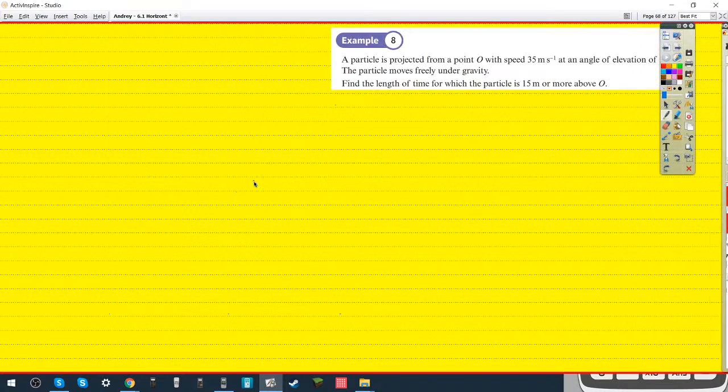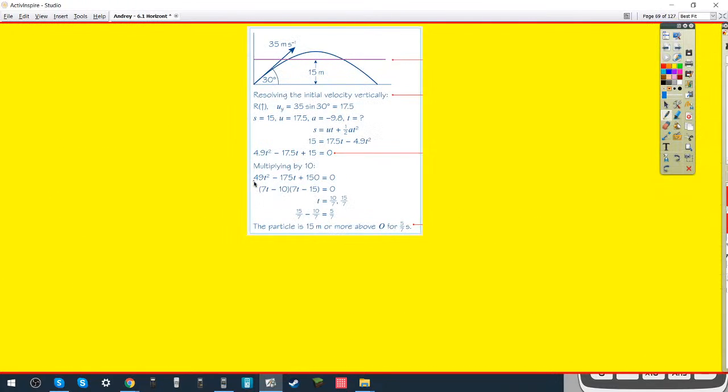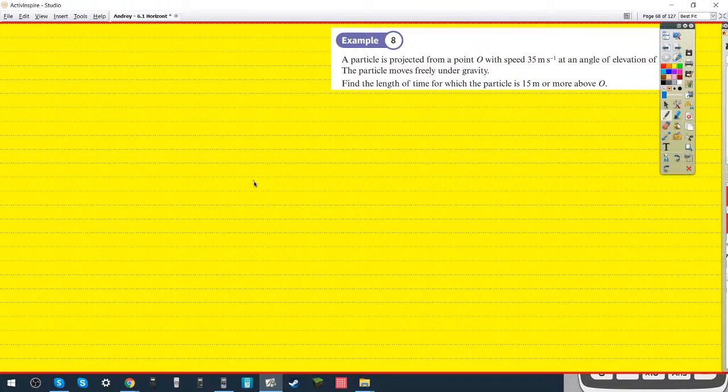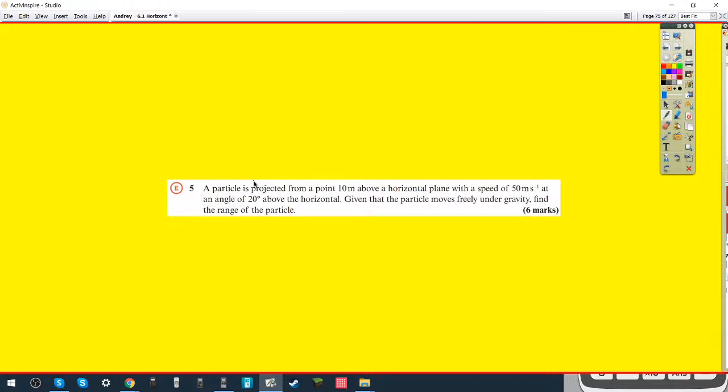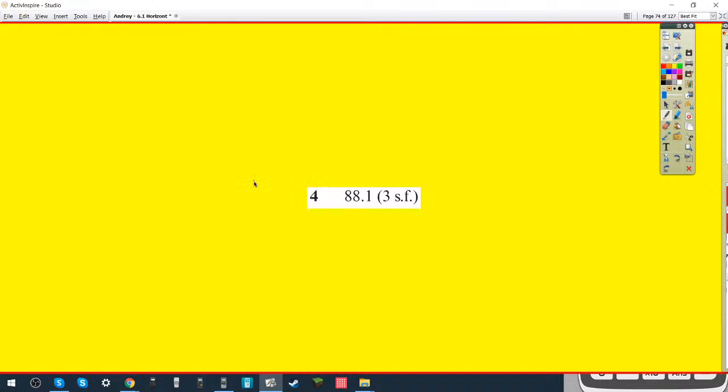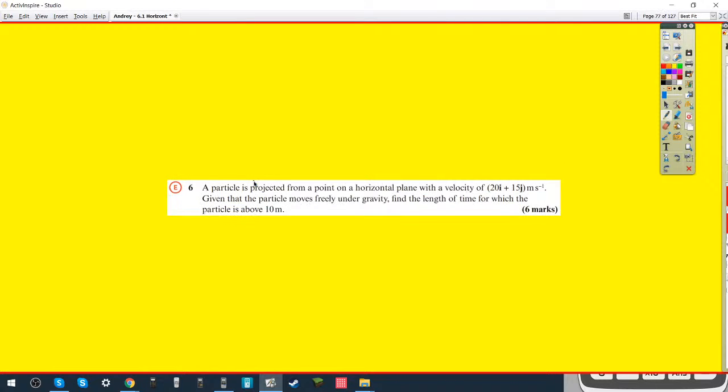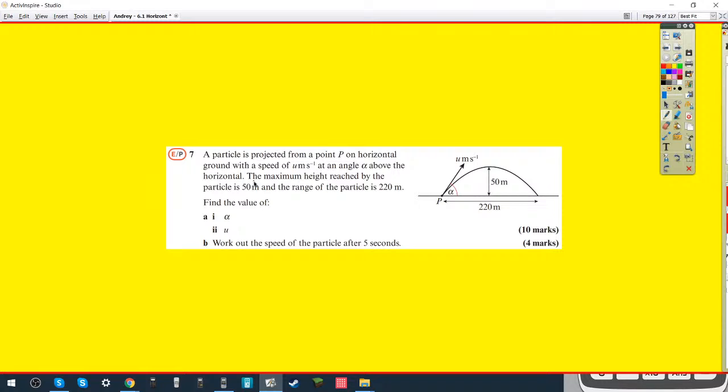Hold on. So this is up at a thing. Perhaps. Particle is projected from a point. Alright. I just get a feeling we're not there yet. Length of time.